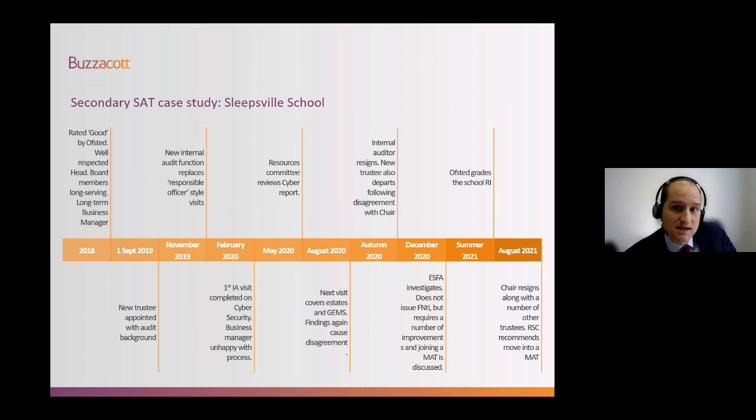Subsequent to the meeting, the internal auditors resigned from their post. Speaking to them, she found out that they'd had a very difficult time and found it very difficult to provide an independent service effectively for the trust, and they didn't think it was possible to continue with their service.